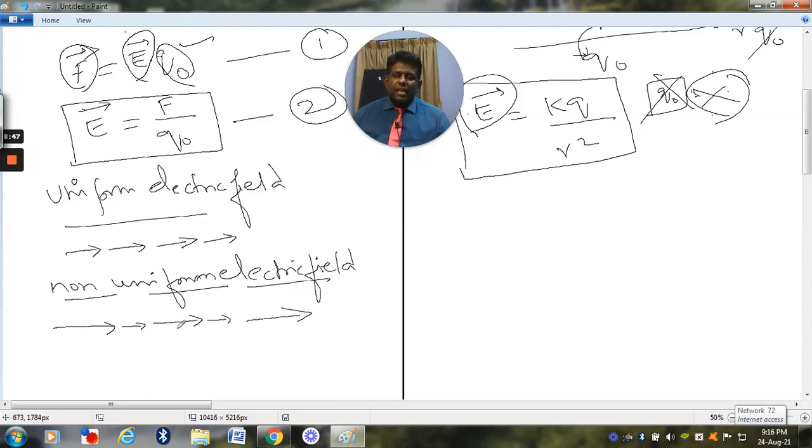Even if they are in the same direction, this magnitude varies. Therefore, this will come under non-uniform electric field. Even if the magnitude may be the same, if the direction is varying, then it will come under non-uniform electric field. Therefore, these are the examples of non-uniform electric field. We shall solve a problem pertaining to this.